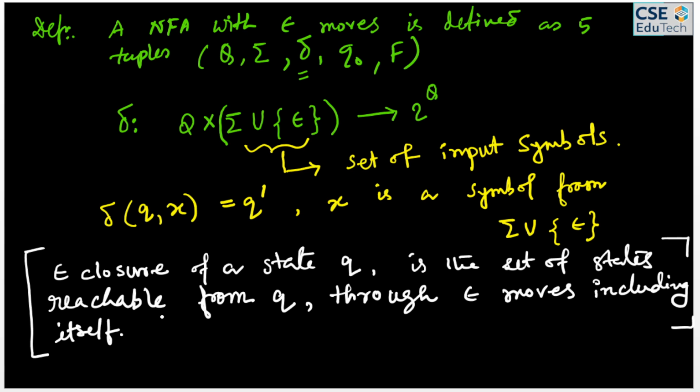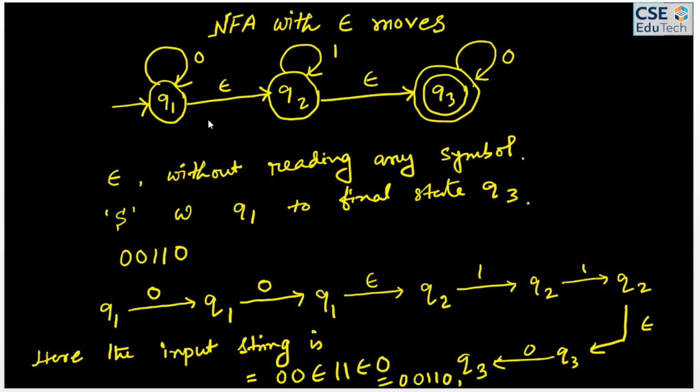Now, if we consider this diagram, Q1, Q2 and Q3, there are some epsilon moves. If we want to find the epsilon closure of these states, what will be the epsilon closure of Q1, of Q2, and of Q3?